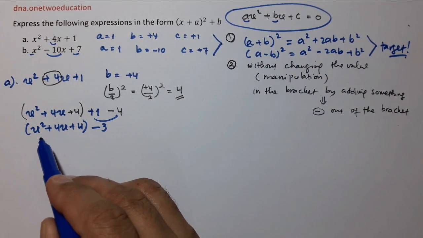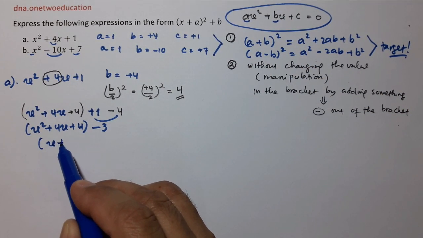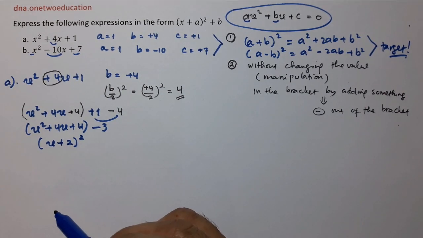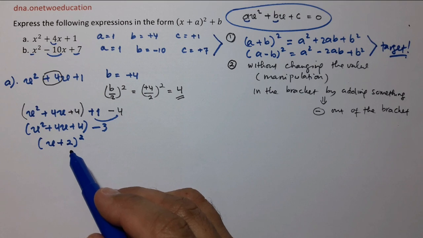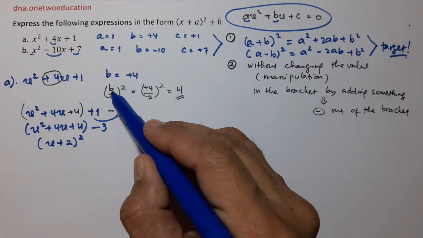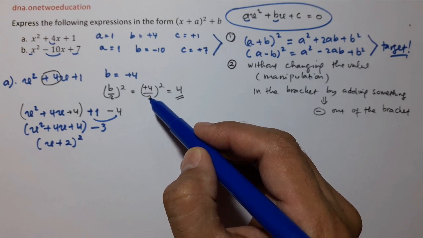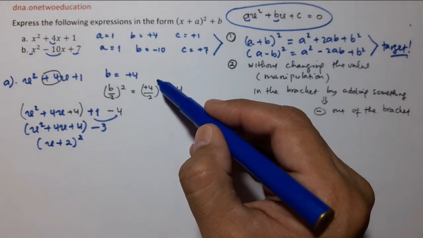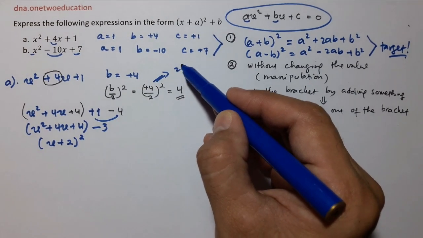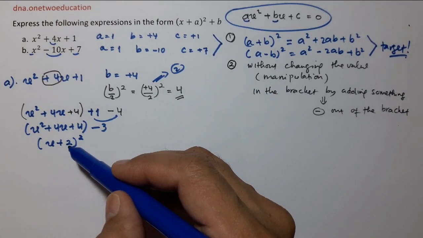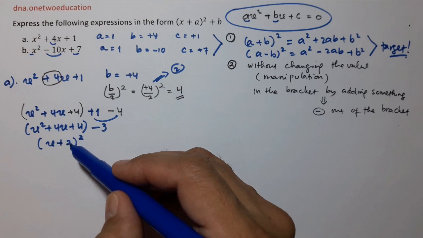Automatically here is (x plus 2) squared. How do you know it is x plus 2 squared? Because b over 2, 4 over 2, is 2. So you just copy this one and put here 2 squared. Clear? So once again, x plus 2.